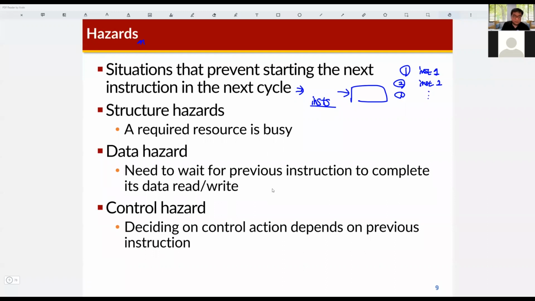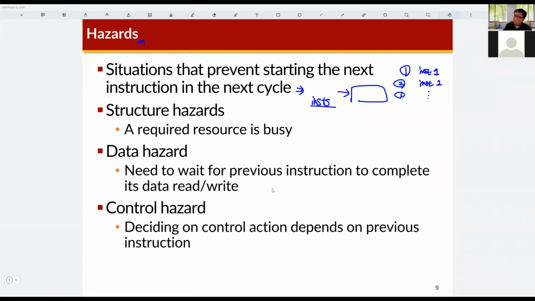So you can simply memorize that a hazard is a situation in which the processor wastes a cycle. When a processor wastes a cycle for some reason, this situation is called hazard. It is the reason for the waste of cycles.